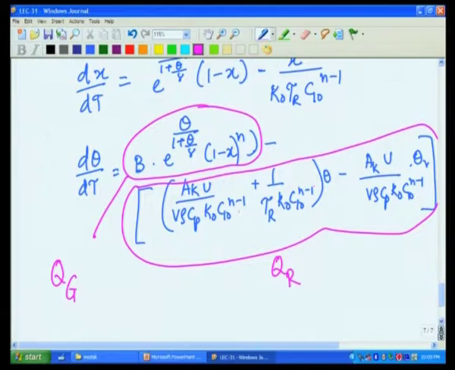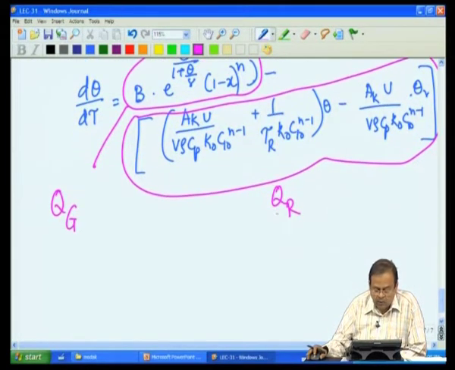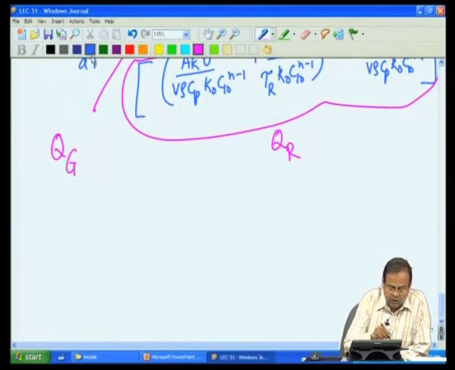There are two terms here, and both these terms, this one is obviously coming from the heat exchange or heat removal due to the jacketed fluid, whereas this term is arising because of heat removal due to the change in the enthalpy of the system. So, convective energy removal.